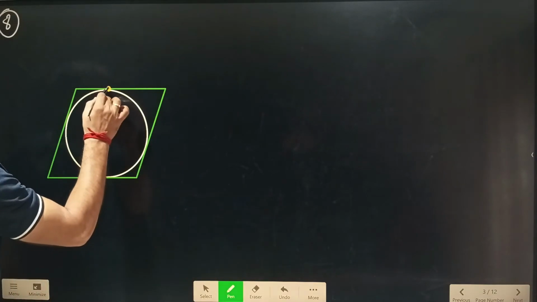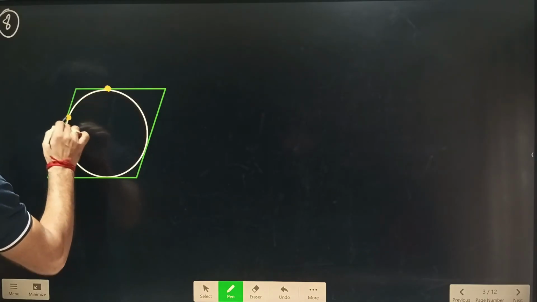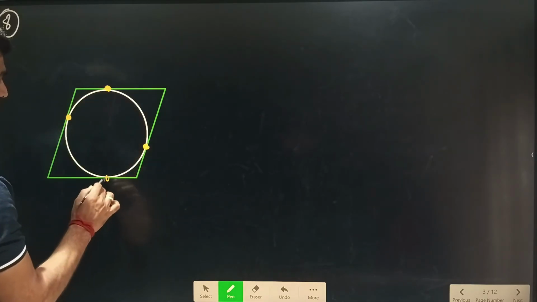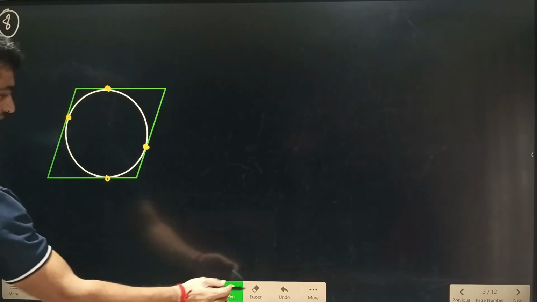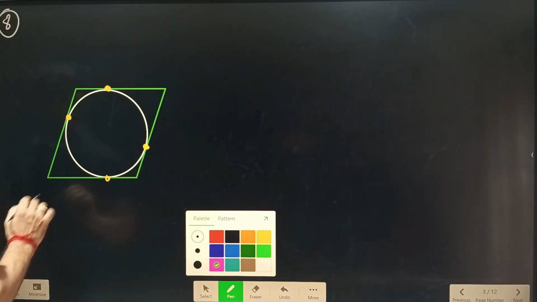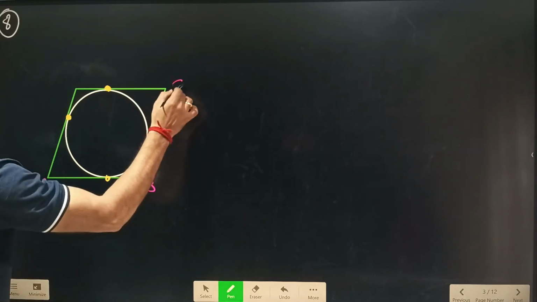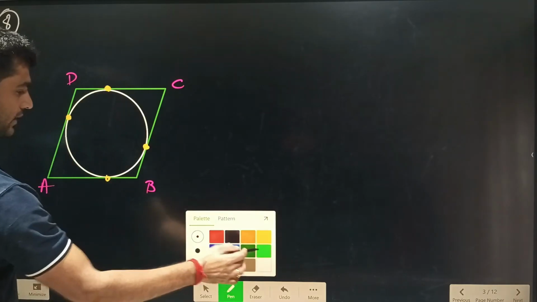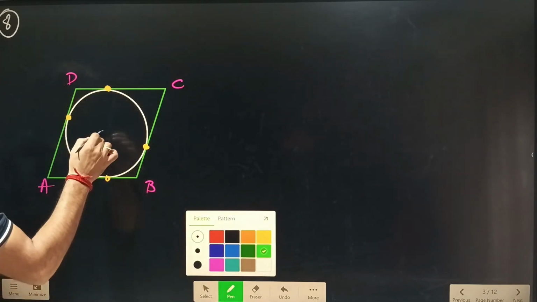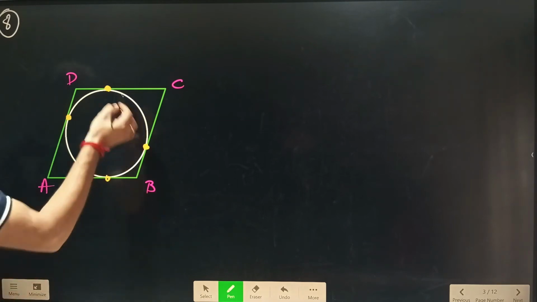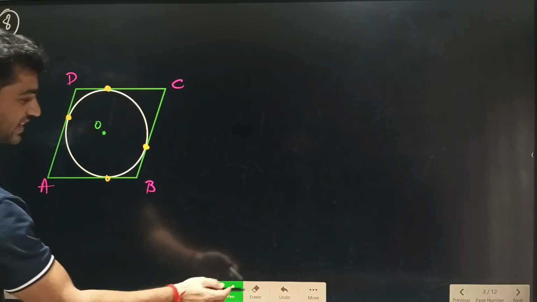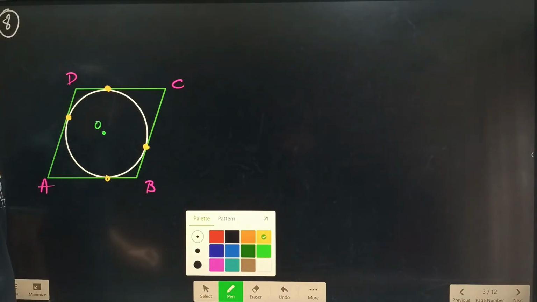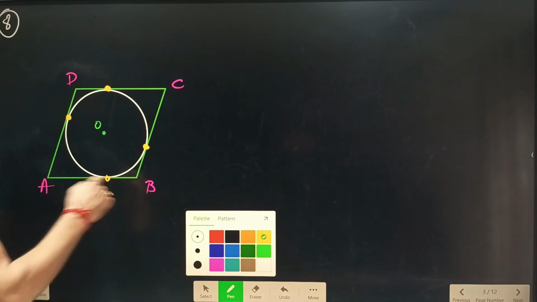So here is a point of contact. I can say this is one of the points of contact. Here is also a point of contact, here is a point of contact and here is a point of contact. Clear? And let me consider a quadrilateral A, B, C, D. AB is a tangent to a circle with center O. Here is a circle with center O, and AB is representing a tangent.